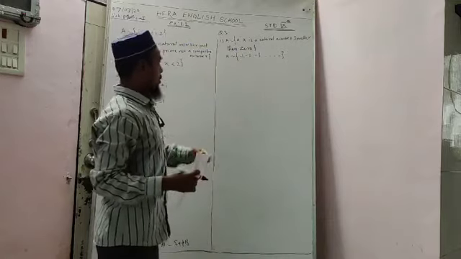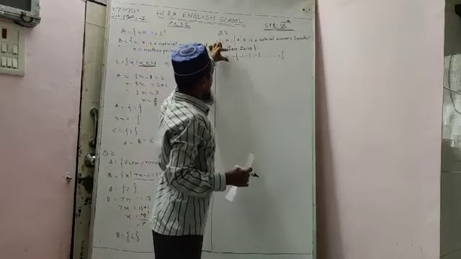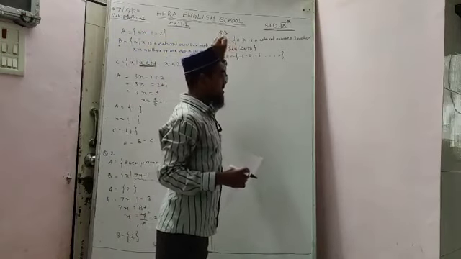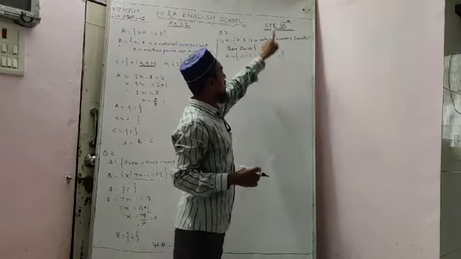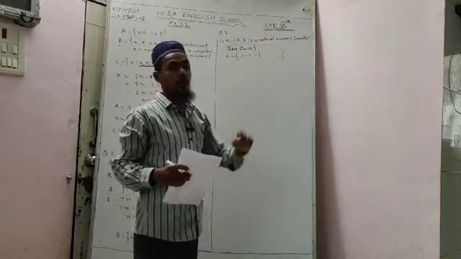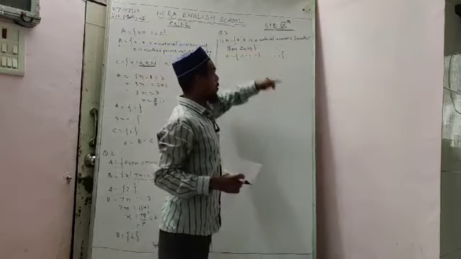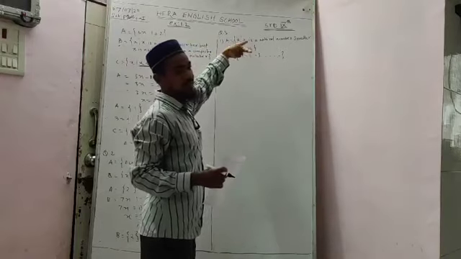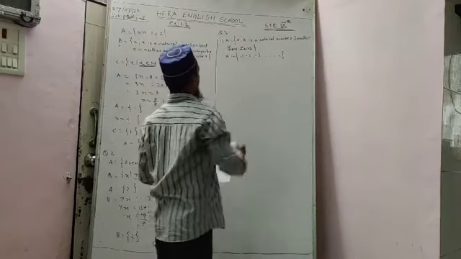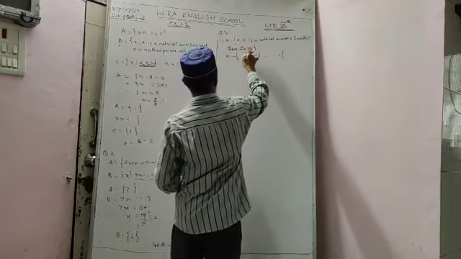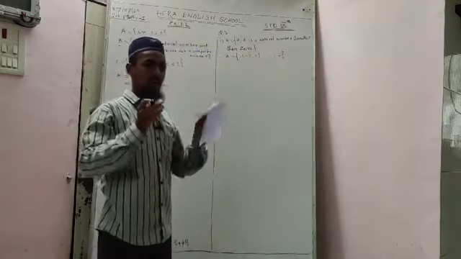In my opinion, in set A all the numbers are negative, starting from minus 1, and are less than 0. These are not natural numbers. Natural numbers are 1, 2, 3, 4, 5, all positive. According to the statement we are getting the opposite. So in set A, numbers like minus 2 and minus 3 are not natural numbers.